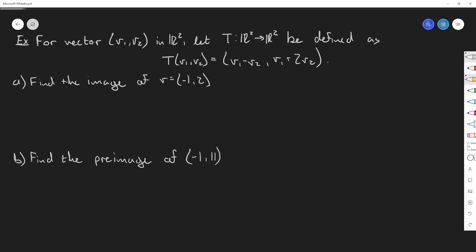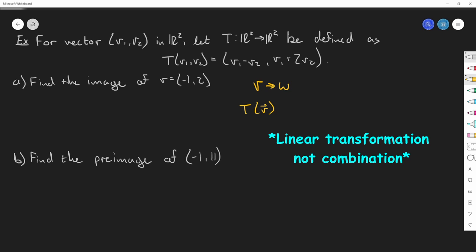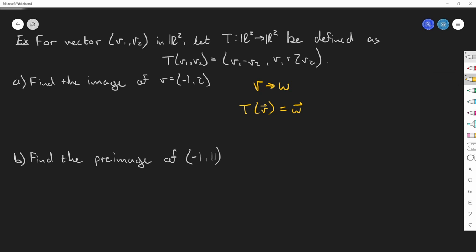on linear transformations, we know that there is a linear transformation from vector space V to W, and we also know that this is the image and this is the pre-image, which makes sense.